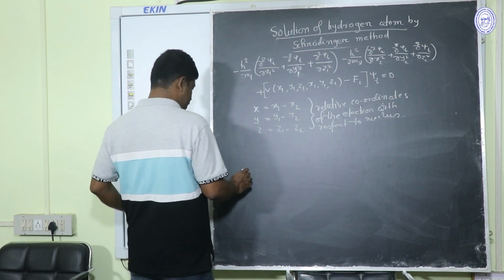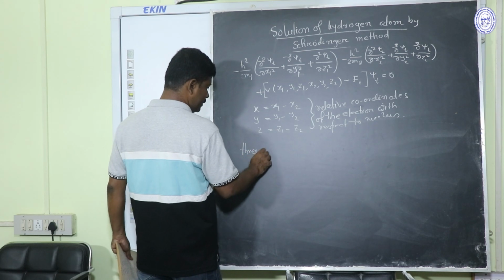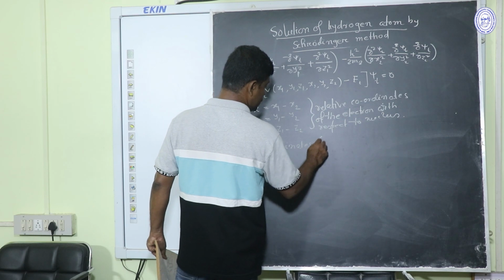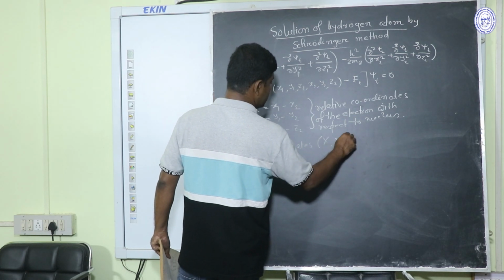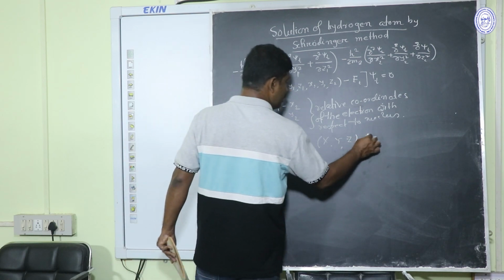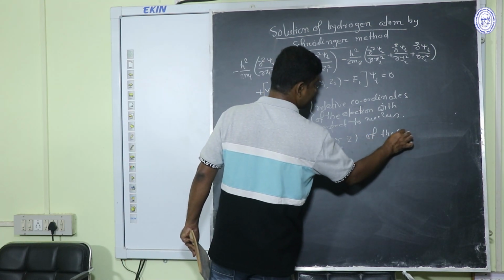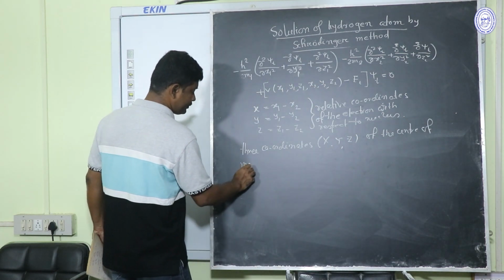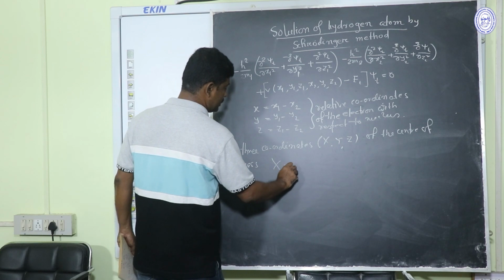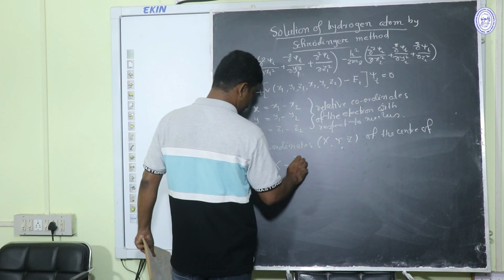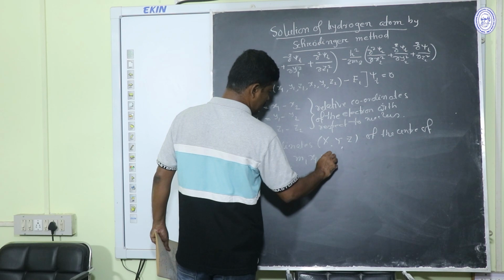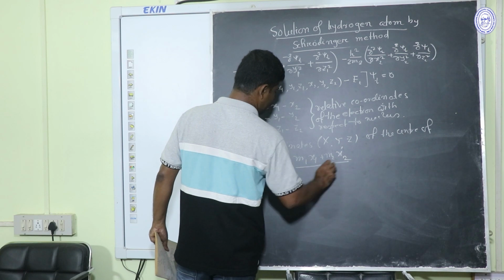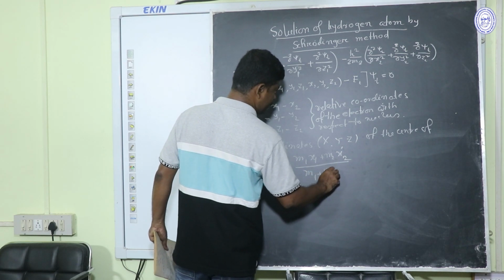Now we define three coordinates X, Y, Z of the center of mass. Capital X is equal to m1 x1 plus m2 x2 divided by m1 plus m2.